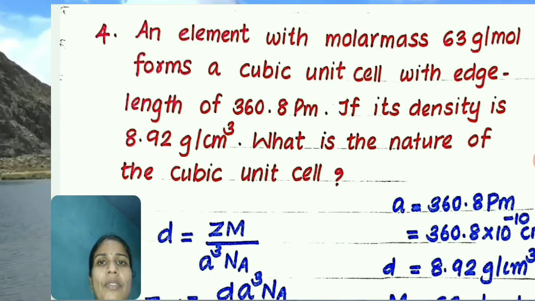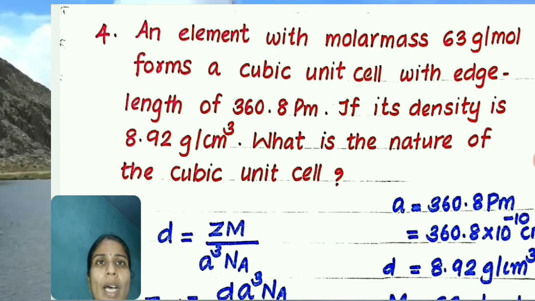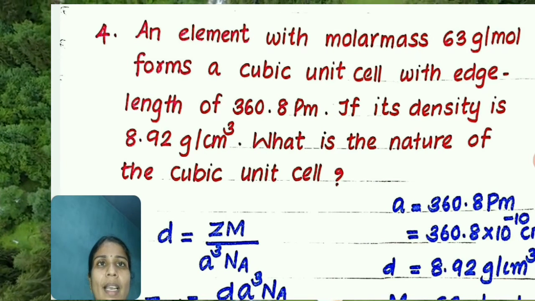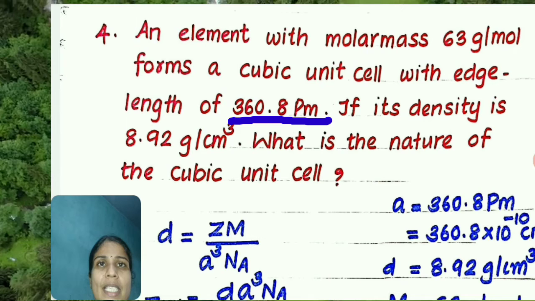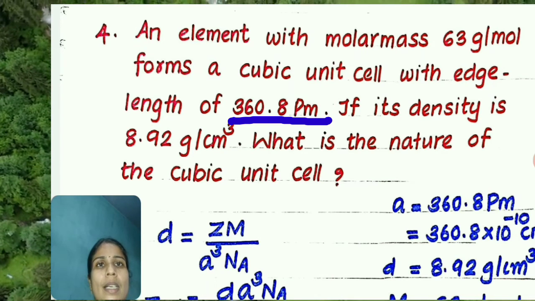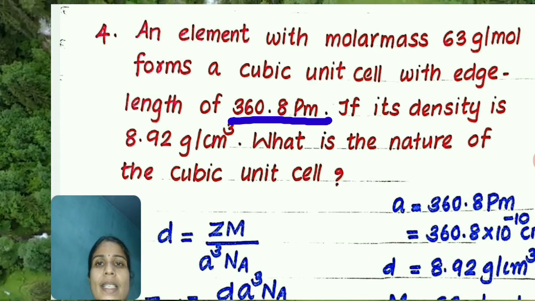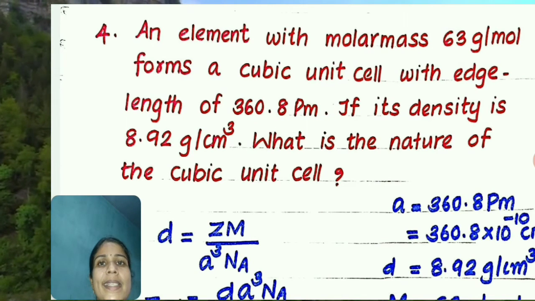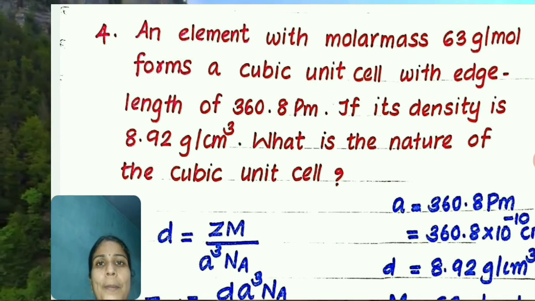Next question is the fourth one. An element with molar mass 63 gram per mole forms a cubic unit cell with edge length of 360.8 picometer. If its density is 8.92 gram per centimeter cube, what is the nature of the cubic unit cell?